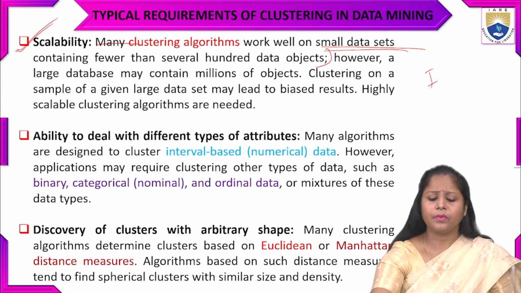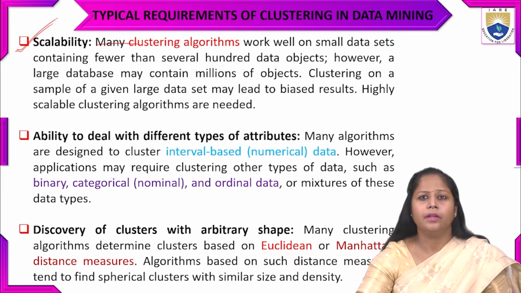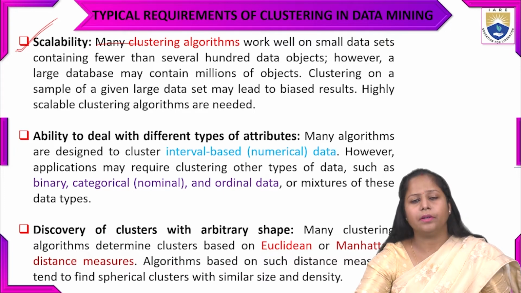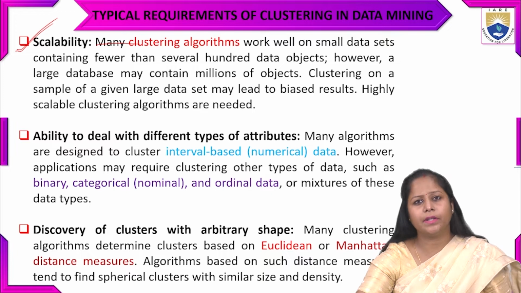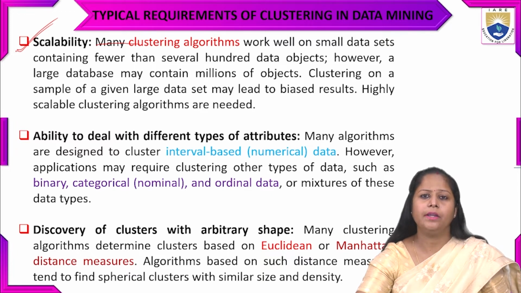So the clustering algorithm that works very well on small data sets also has to work on large databases which may contain millions of objects. But clustering on a sample of a given large dataset may lead to biased results. Why?